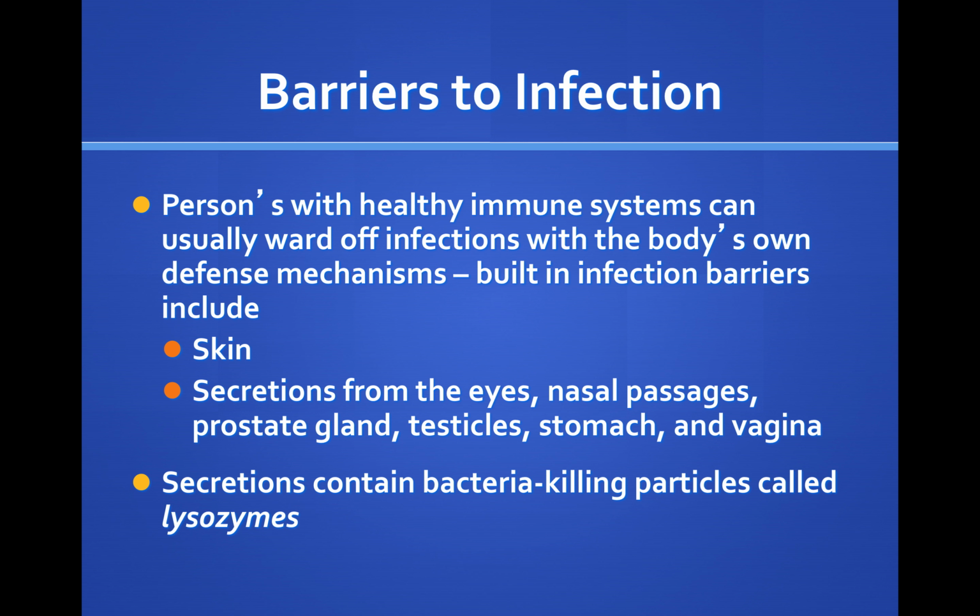So persons with healthy immune systems can usually ward off infections because we have these built-in infection barriers. Secretions that contain bacteria-killing particles are called lysozymes, and those are very, very important and very, very good for us.